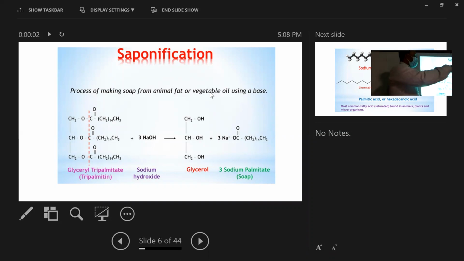Therefore soap or detergent, a little bit different, is also a kind of salt. But here we are using hydrocarbon or alkane, while in detergent that will be benzene or some aromatic ring. Later we will discuss this.